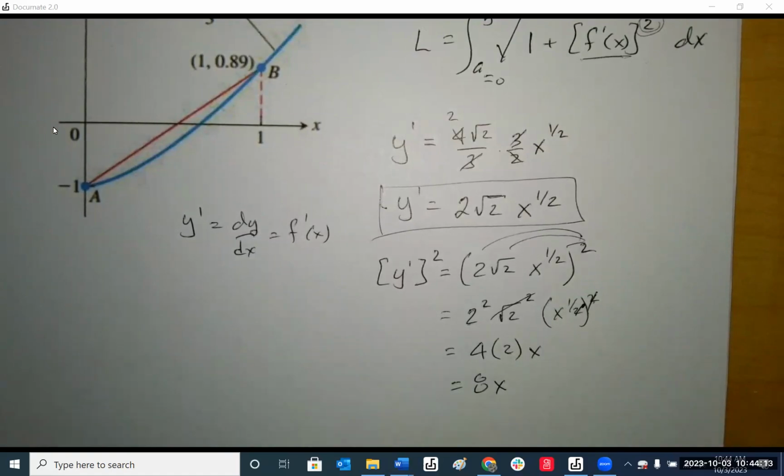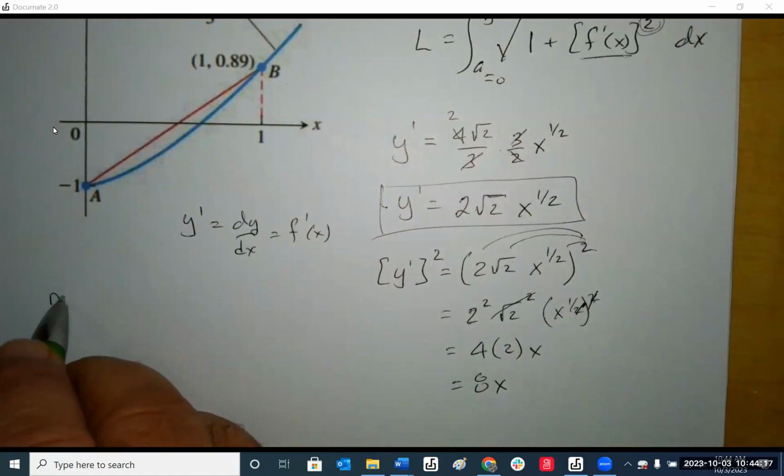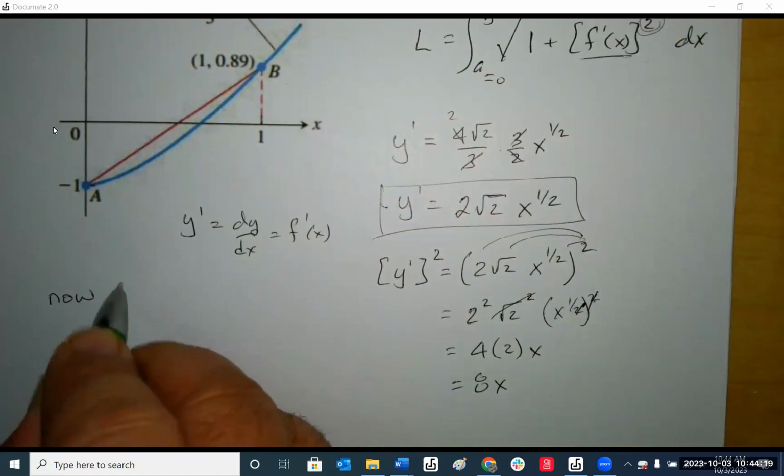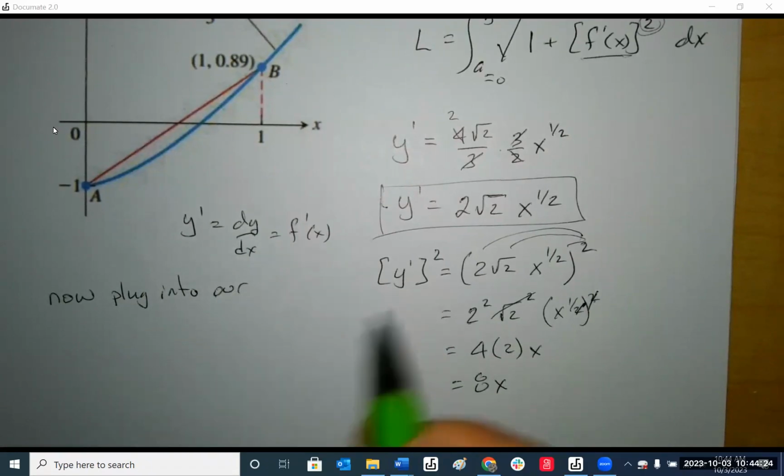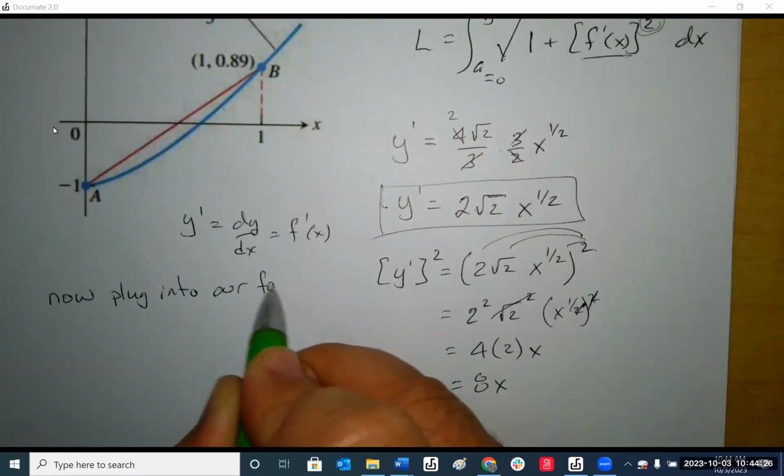Now we can plug this stuff in. We have what we need. Now plug it in there, in the formula.